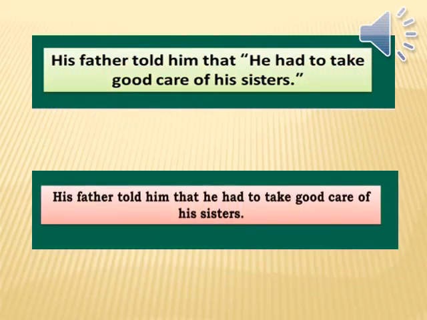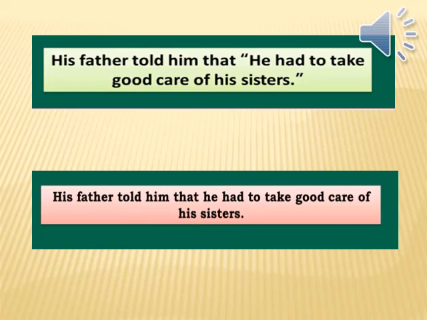Okay, now look at this sentence. His father told him that he had to take good care of his sisters. What's wrong with this sentence? Can you find out the mistake? Yes, this sentence is an indirect sentence. But how did you know that the sentence was indirect? What was the indicator that you see?